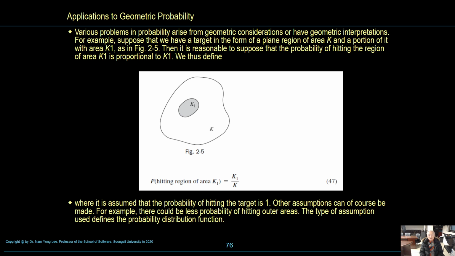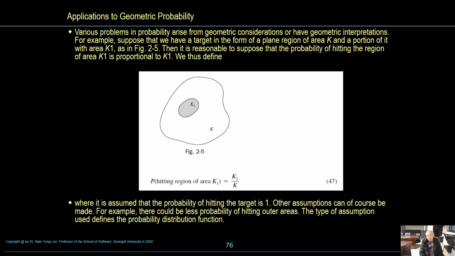Then it's reasonable to suppose that the probability of hitting the region of area K1 is proportional to K1. We thus define P, the probability of hitting the region of area K1, as K1 over K, where it's assumed that the probability of hitting the target is 1.